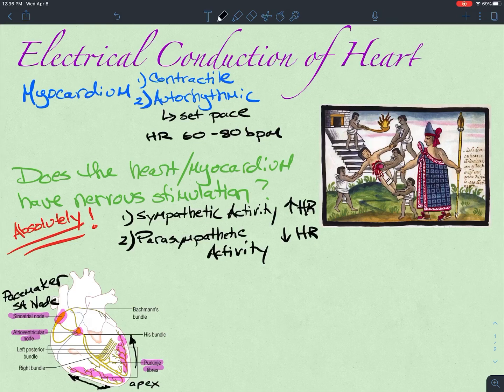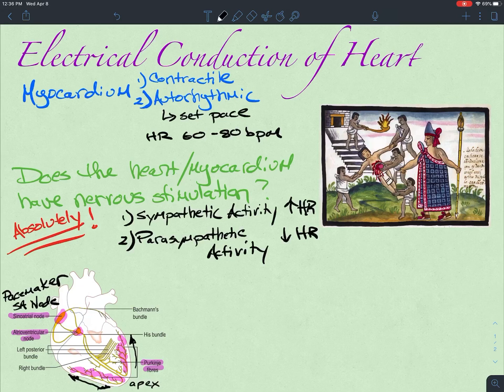Once you've ripped that heart out of the body, there's no longer perfusion of that myocardium. The myocardium is no longer getting oxygen and nutrients that it needs. But the underlying premise is the heart continues beating because there are the autorhythmic cells of the heart.